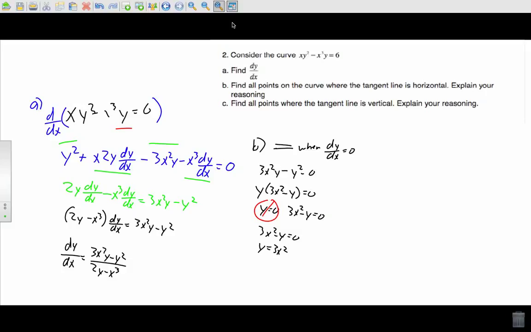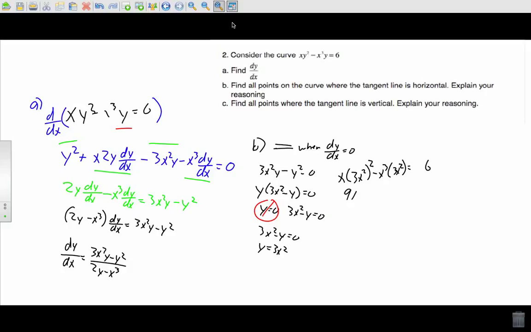So if we go back to the original equation, substitute in 3x squared for y, you would get x times (3x squared) squared, minus x to the third times 3x squared, is equal to 6.